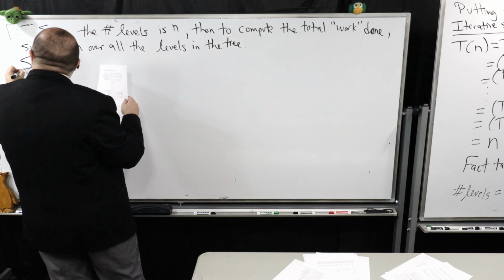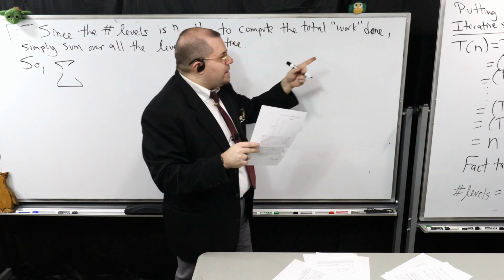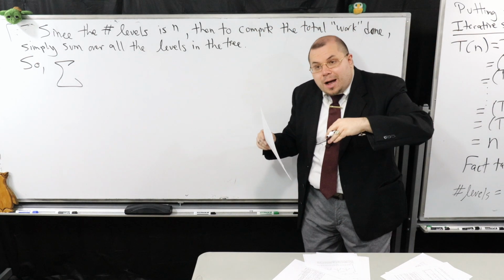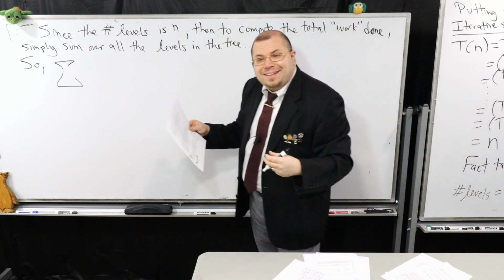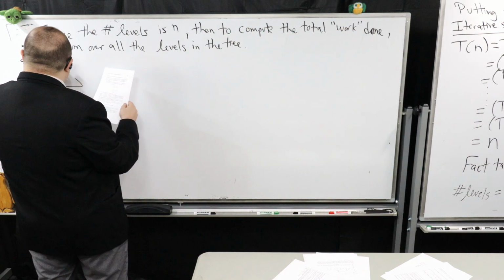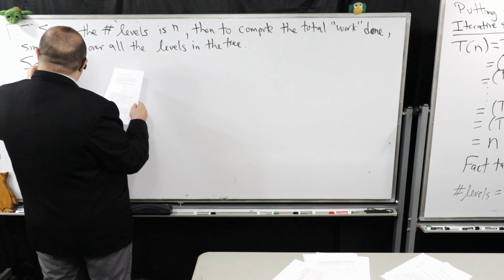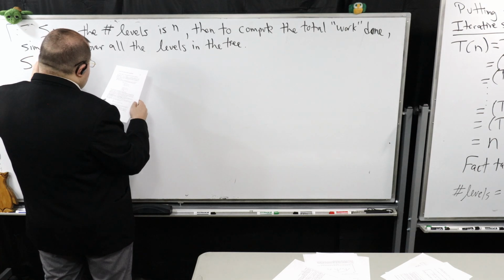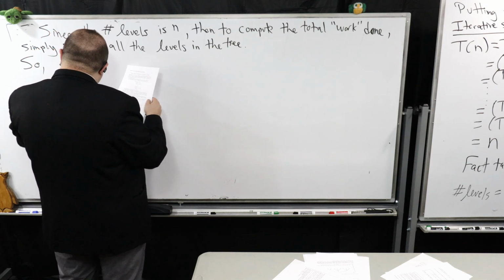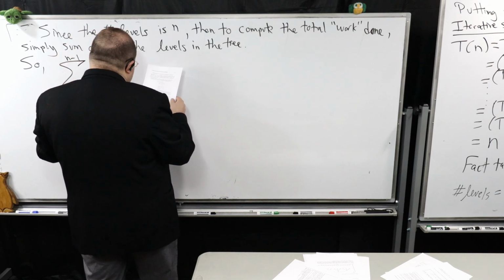So this one's unfortunately a little bit simple. I'm just going to take each one of the levels. Notice the indexing for the level starts at 0, so it goes from 0 up to n minus 1. I'll write the worst case time complexity out like this: the sum from i equals 0 to n minus 1.